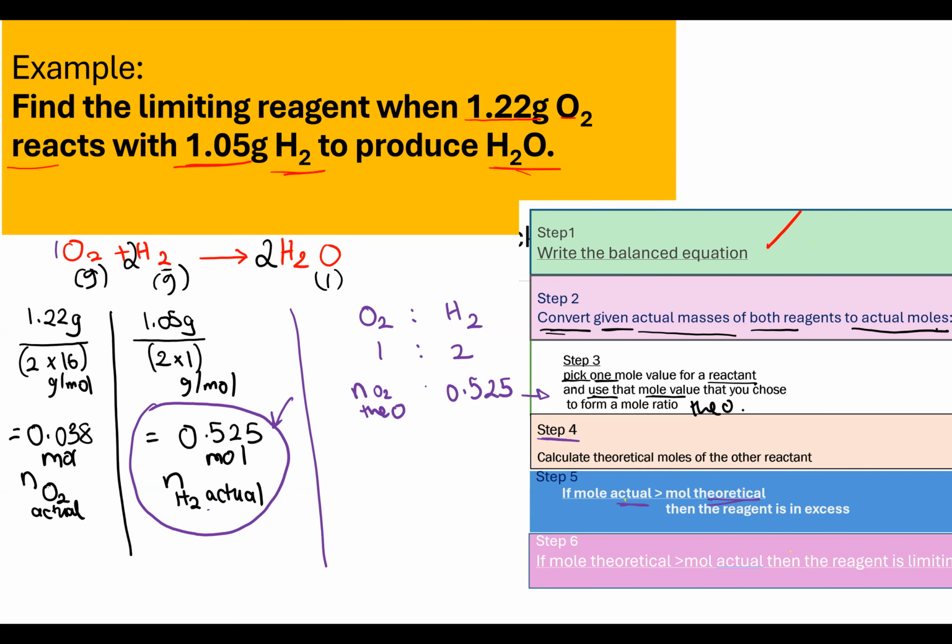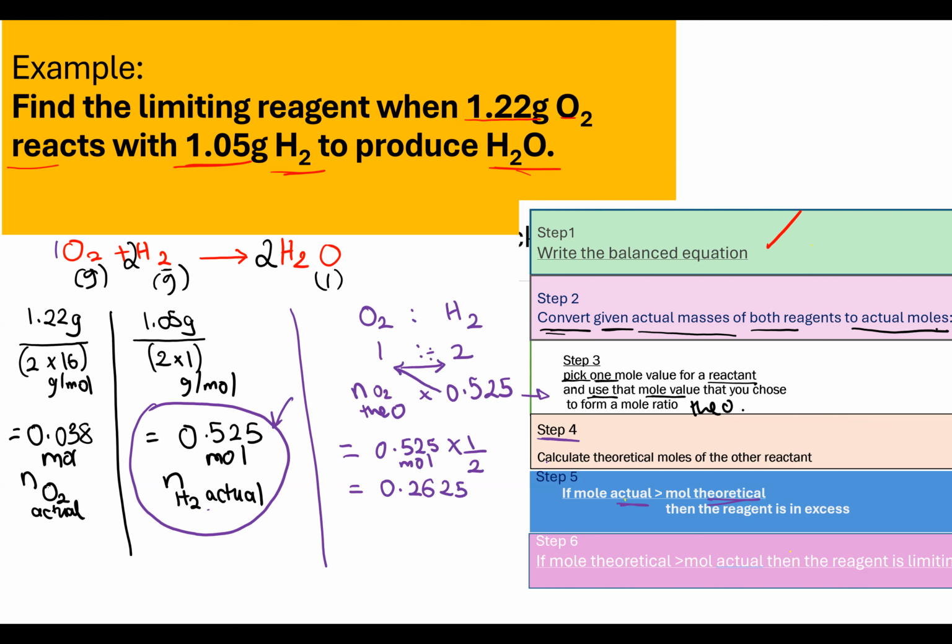I'm going to calculate that by cross multiplying. This is multiplication, and this way it is division. So n theoretical is going to be basically 0.525 moles times 1 divided by 2, and that's where you're going to divide that value that you got earlier by 2, and that is 0.2625.